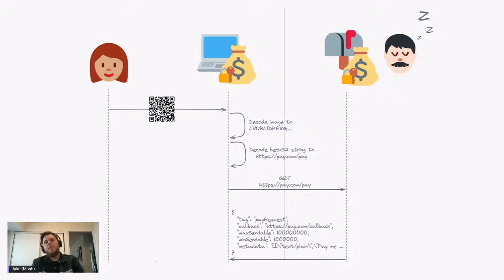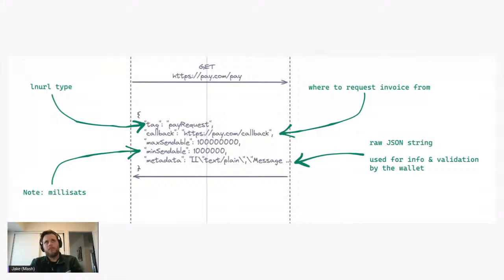And the response that's going to come back from the service is JSON. I'm going to dig into the pieces of that JSON and what's going on there. So the sender's wallet makes a GET request to that decoded URL and gets a JSON response back.